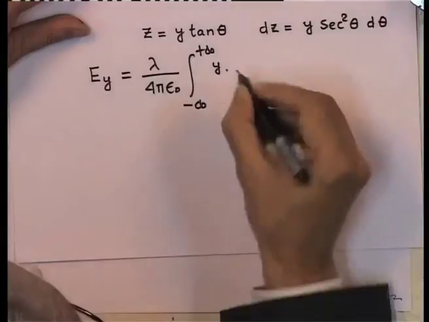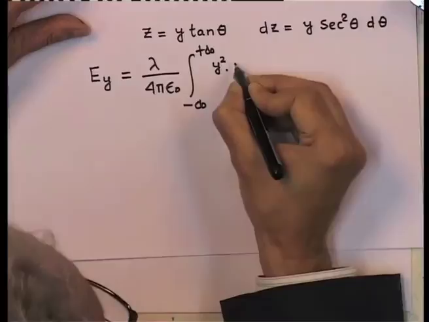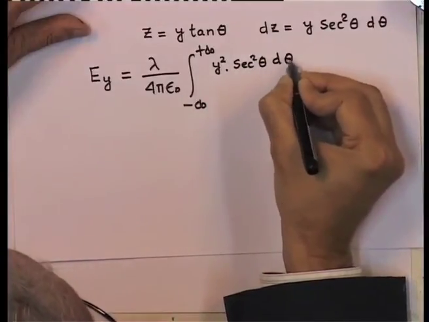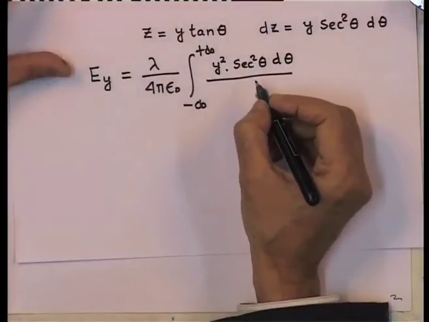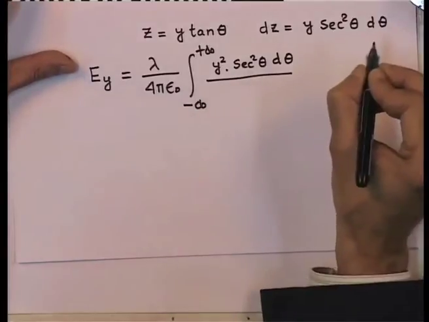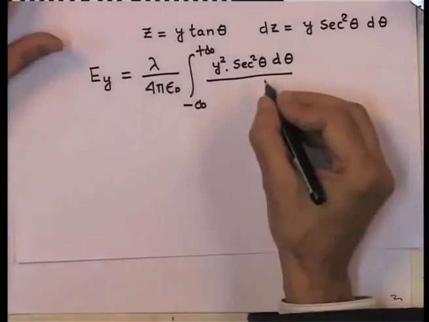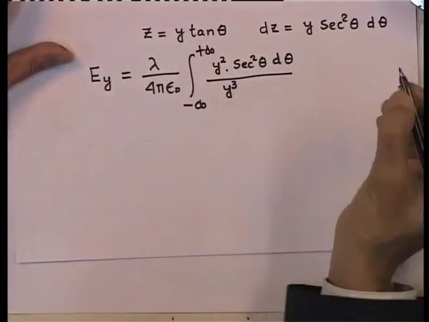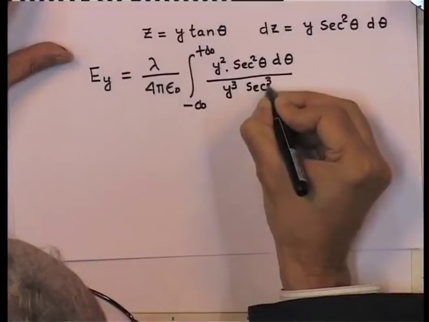So that gives me y square sec square theta d theta, divided by z square plus y square, and z is y tan theta. So I get y square into 1 plus tan square theta inside. What I get is y cube, since 1 plus tan square theta is sec square theta, so I get sec cube theta.